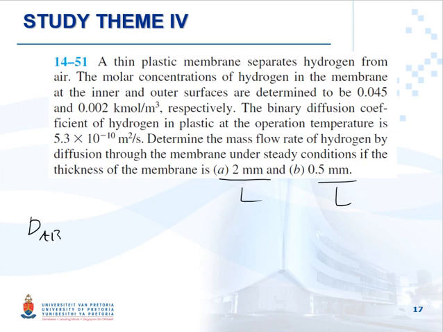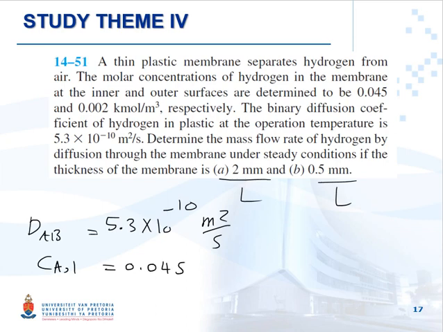Everything is clear. What do we have? D_AB, we have it, it's given: 5.3 times 10 to the power of minus 10. What else do we have? C_A1, it is given, 0.045.